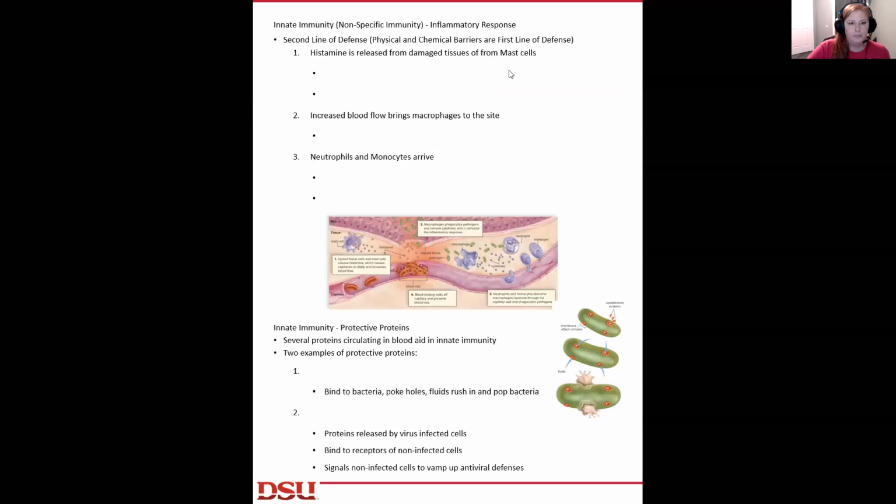All right. So let's talk a little bit about innate immunity. I'm going to fill out the notes kind of like I did last time, and then I will go over the steps in a little more detail.